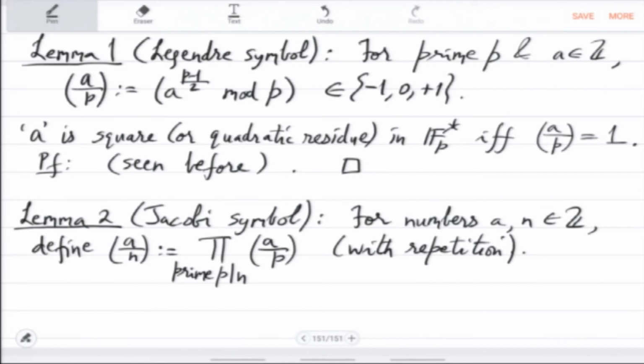So if p squared divides N, then you will be multiplying A by p two times. This is called the Jacobi symbol, and this has amazing properties.